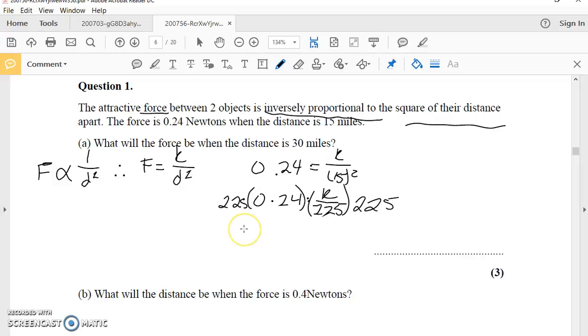Okay, that leaves me with a k value of 54. Now, I'm not quite done because now I need to plug in a distance of 30 miles. So, F equals 54 over 30 squared, which gives us an answer of 0.06 newtons.